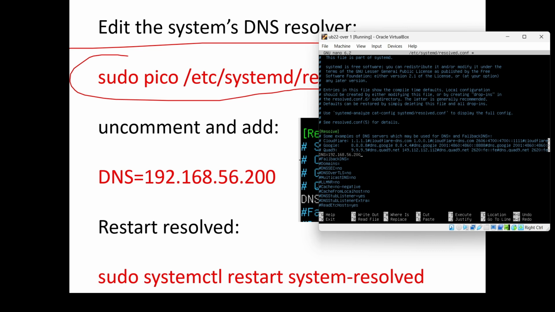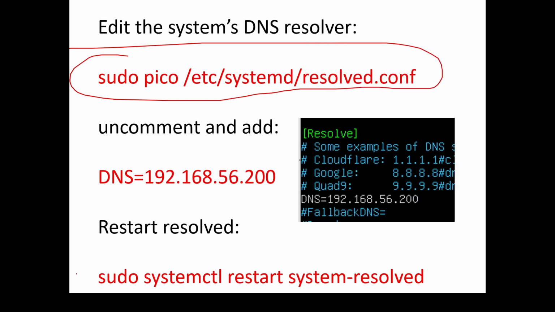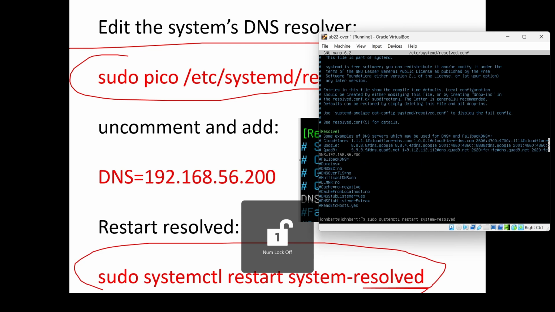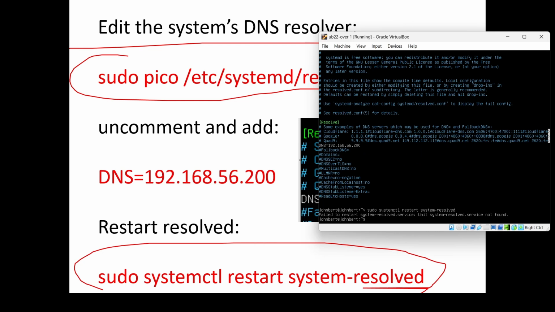For our test configuration, the IP address is 56.200, and then we save it, and then we will restart the resolve service with this command: sudo systemctl restart systemd-resolved.